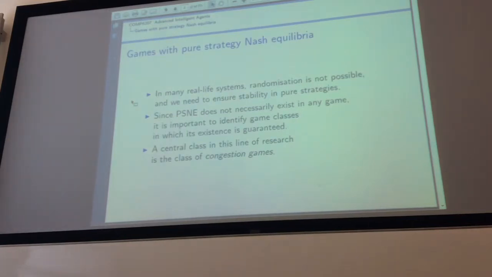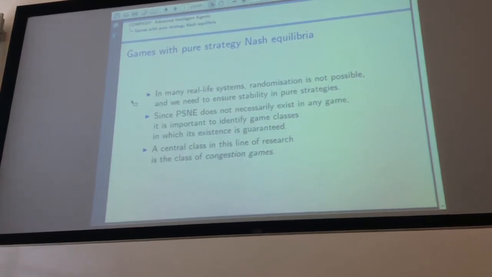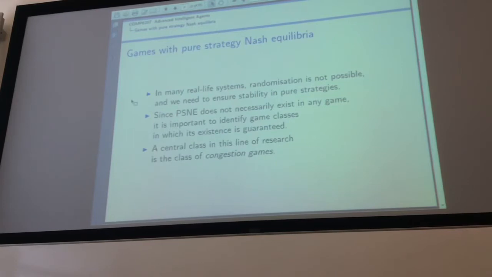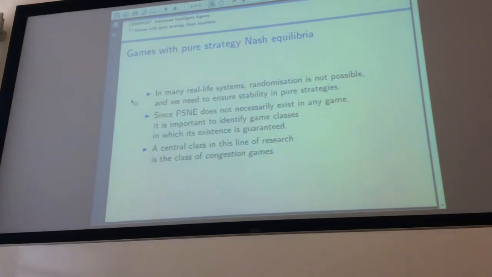So that would be great to have. We would like to identify those classes, and one of the central ones in multi-agent systems, the model comes from transportation problems, but then it has become very popular in multi-agent systems due to other applications that can be modeled as traffic on roads, and those are congestion games.